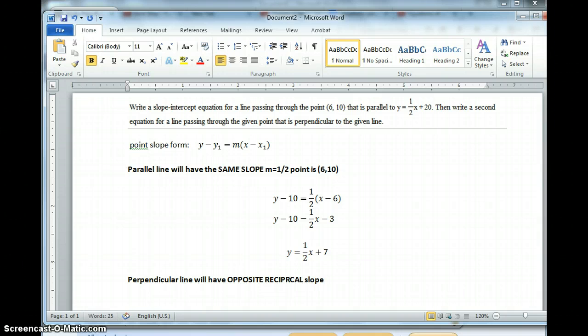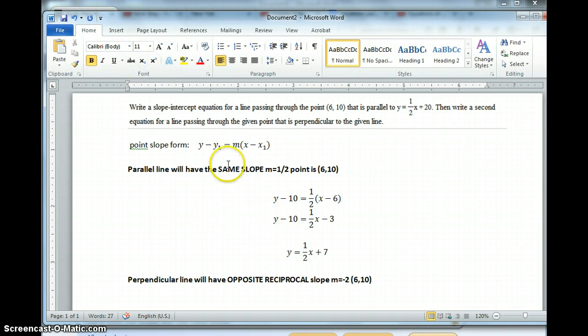R-E-C-I-P-R-O-C-A-L, I think, is the spelling of that. It will have an opposite reciprocal slope. So if my slope here is 1/2, we're going to flip that fraction over and make it negative. So my slope is going to be negative 2 over 1, which we would just write as negative 2, right? And it's still through the point (6, 10).